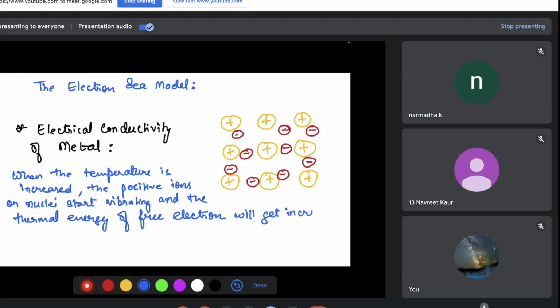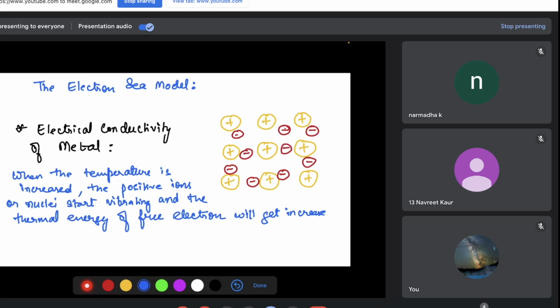Will get increased, okay? The result is such that instead of increasing the conductivity, it will increase the resistance towards conductivity. How is it happening?